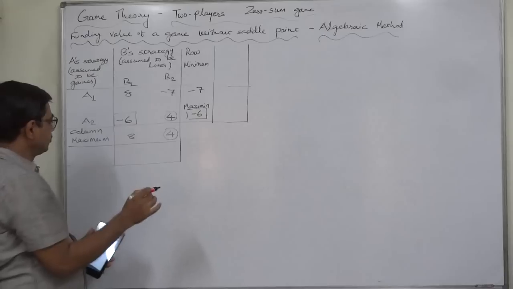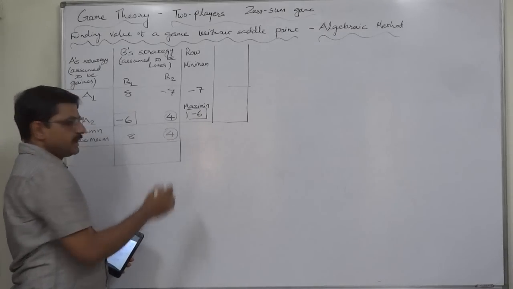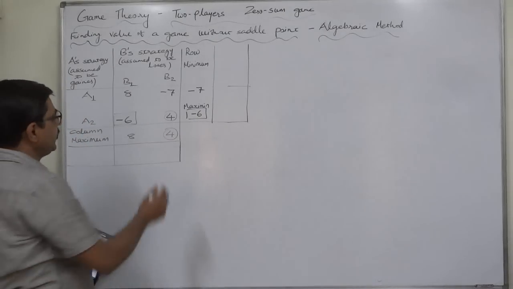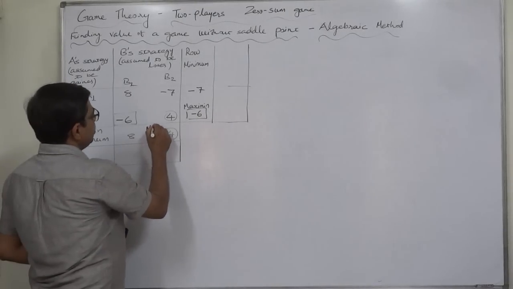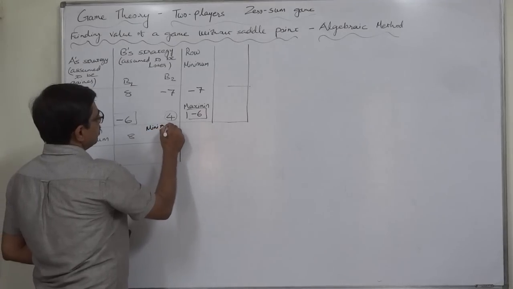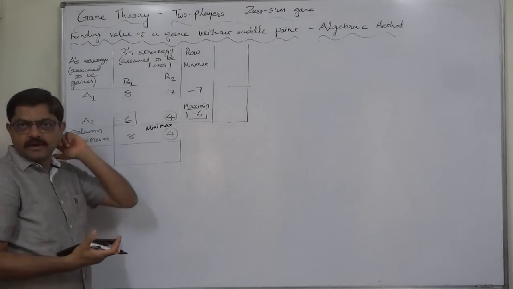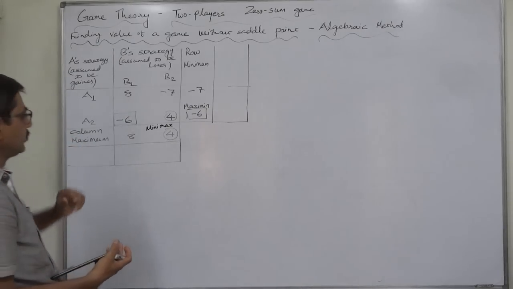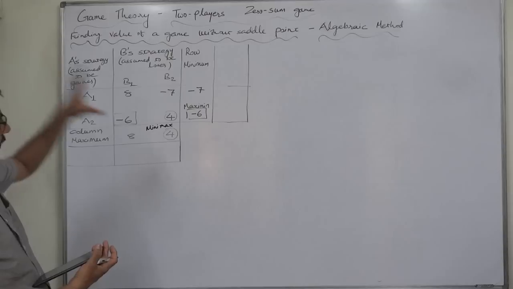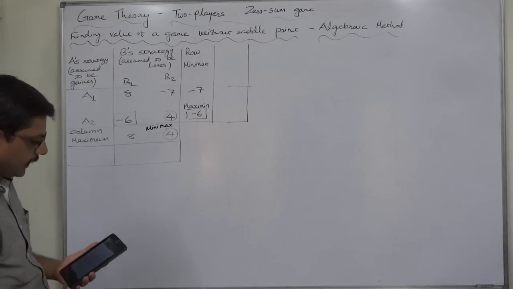This is column maximum, from which we have already determined the minimum value. This is Minimax, and we can see that Maximin and Minimax are different values. So this game has no saddle point.